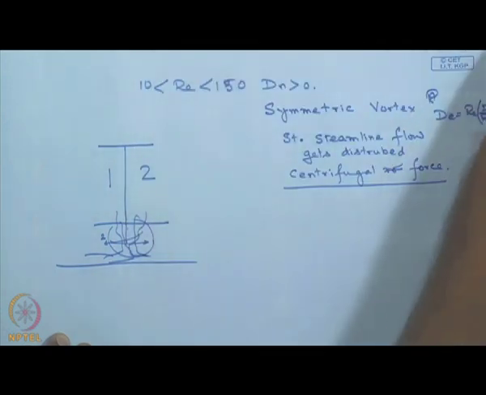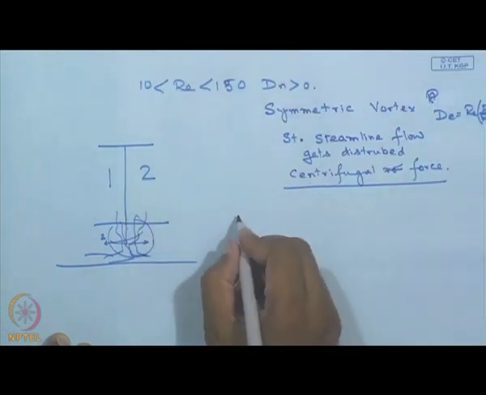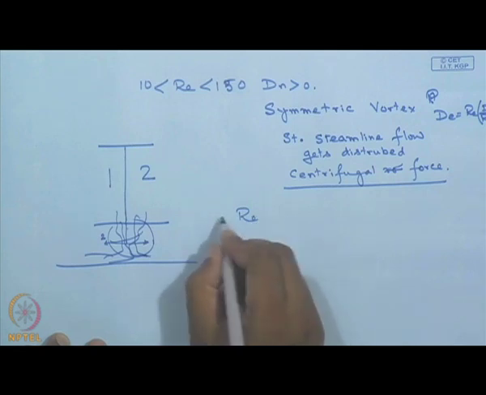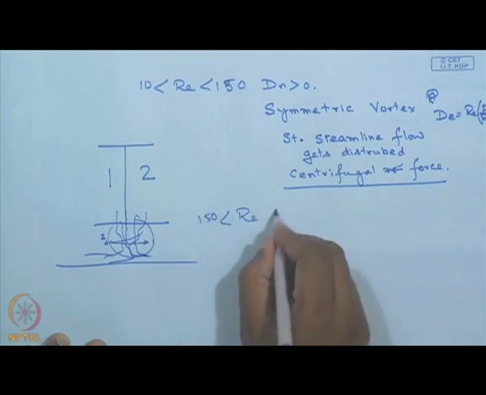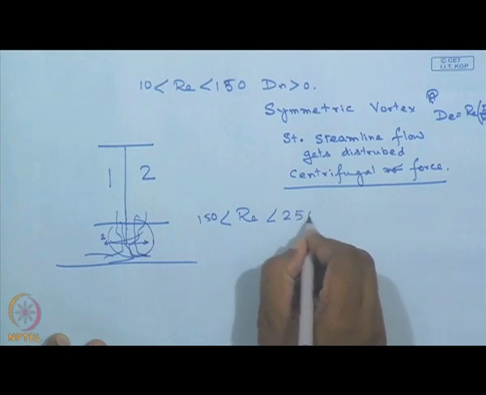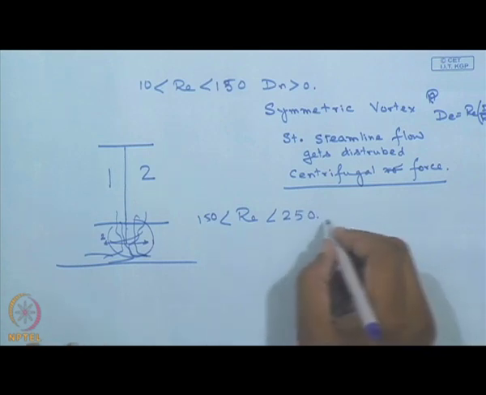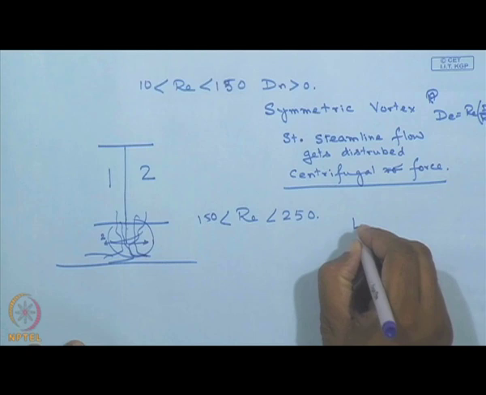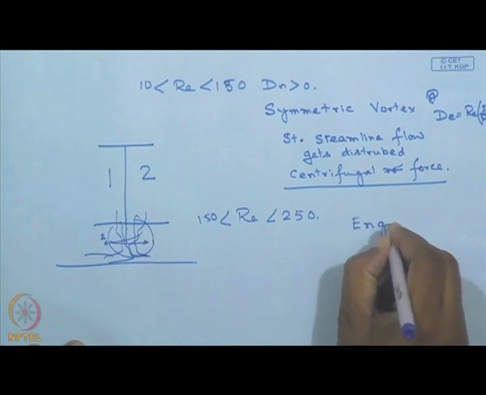Now the situation becomes even more interesting when the Reynolds number is greater than 150 and less than about 250 or so. Then this region is called the engulfment flow.